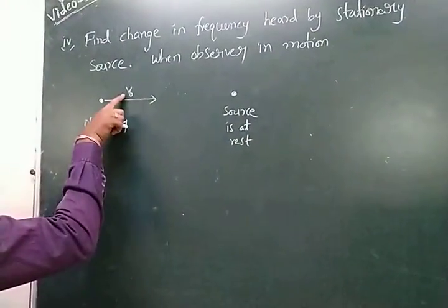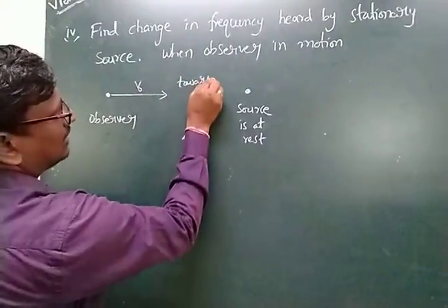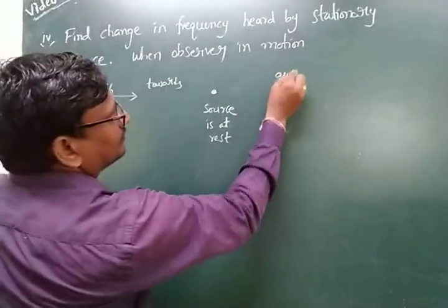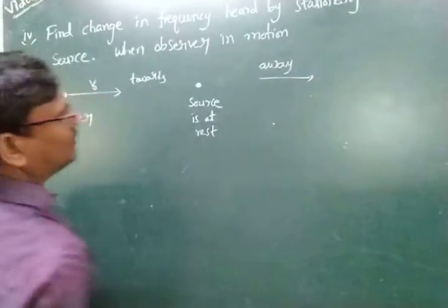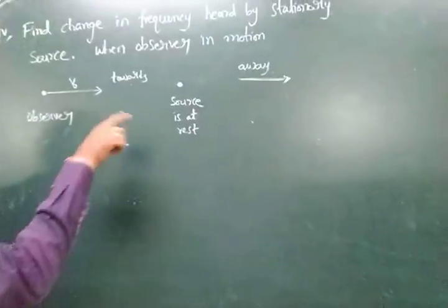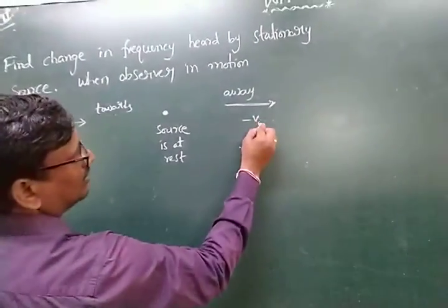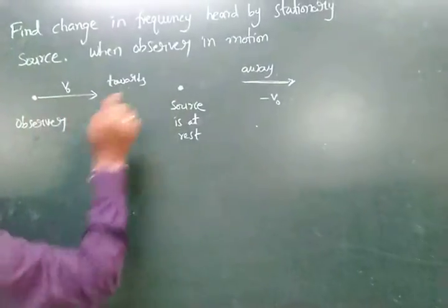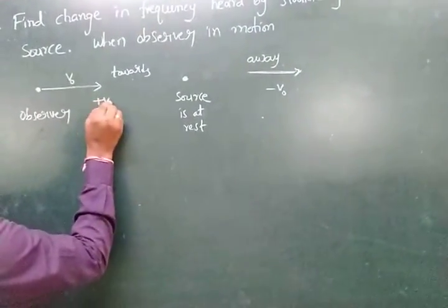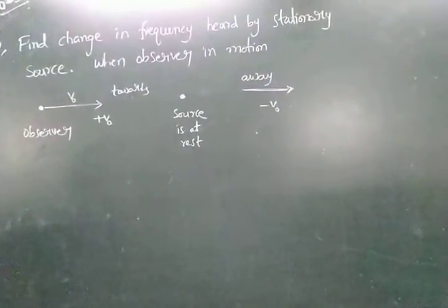Now this v naught moves towards and away from the source. See, away from the source, what is taken is the minus v naught. And towards the source, what is taken is the plus v naught, according to the general expression for Doppler effect.